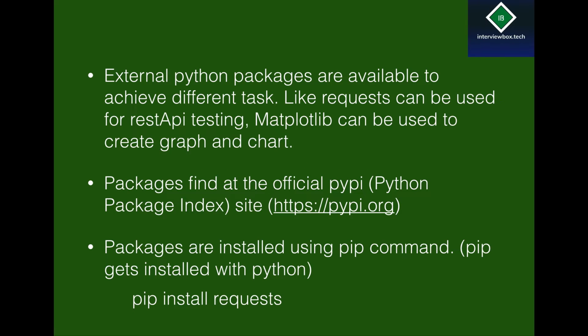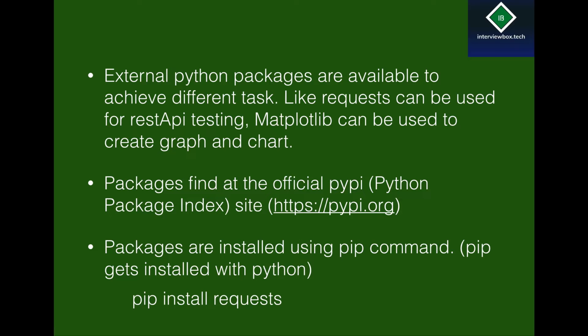and talk about packages. So packages are like a folder where you can have sub packages or multiple module files inside of that. And there are many open source packages available for Python to achieve different kinds of tasks.